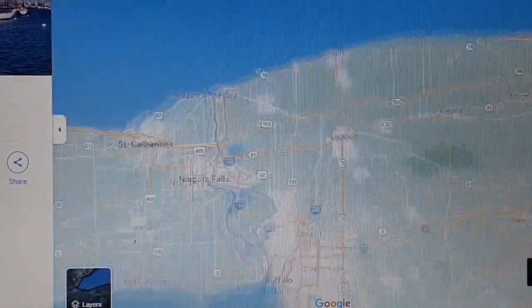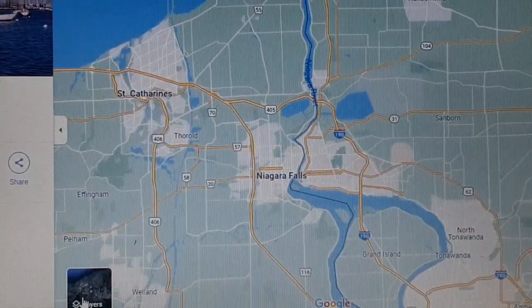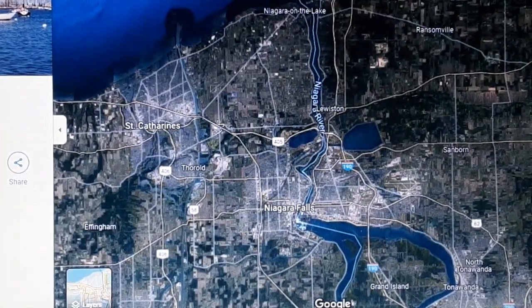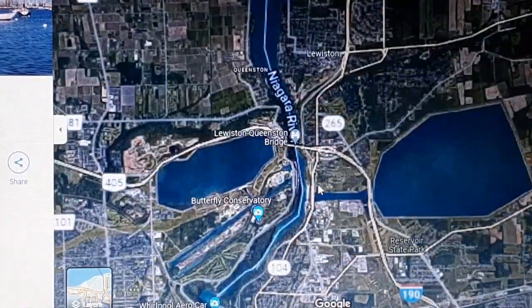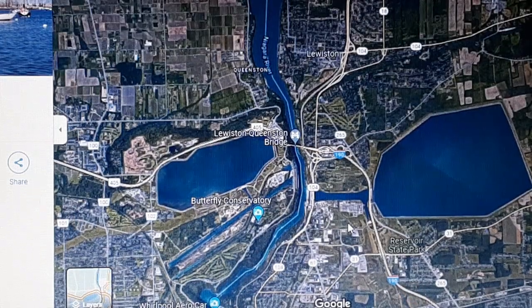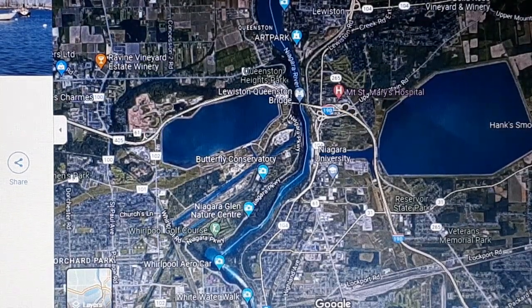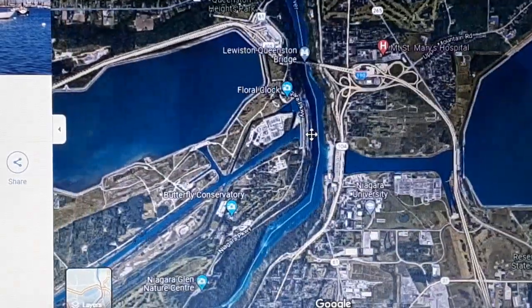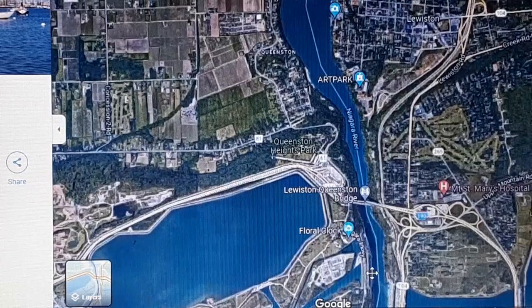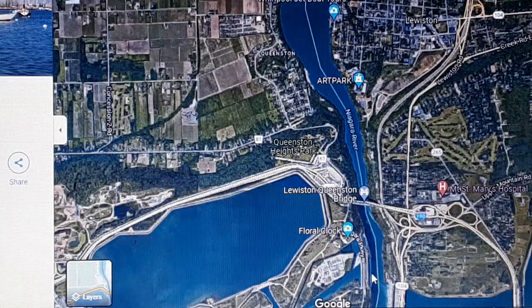And then the other location I want to point out very quickly is this power station where these remains were found. We're going to be coming back to this a little later. It is right in this area on the Niagara River. This is the area where the power station is.